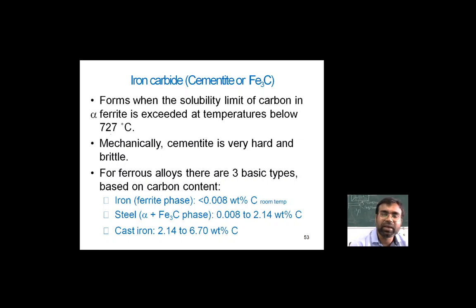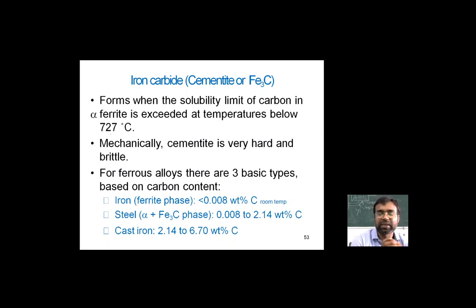In ferrous alloys, there are three basic types. The first is iron, the ferrite phase, with less than 0.008 weight percentage of carbon at room temperature. Then the steel, the alpha plus ferrite phase, ranging from 0.008 to 2.14, which covers the medium and high carbon steel.